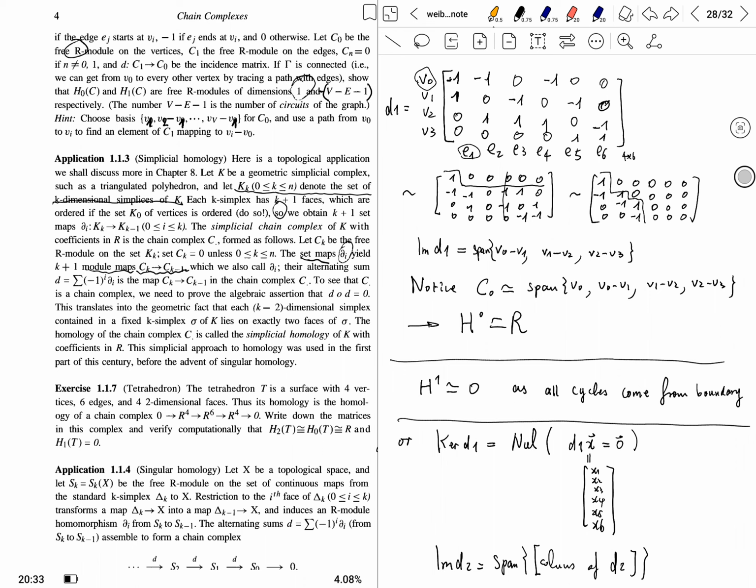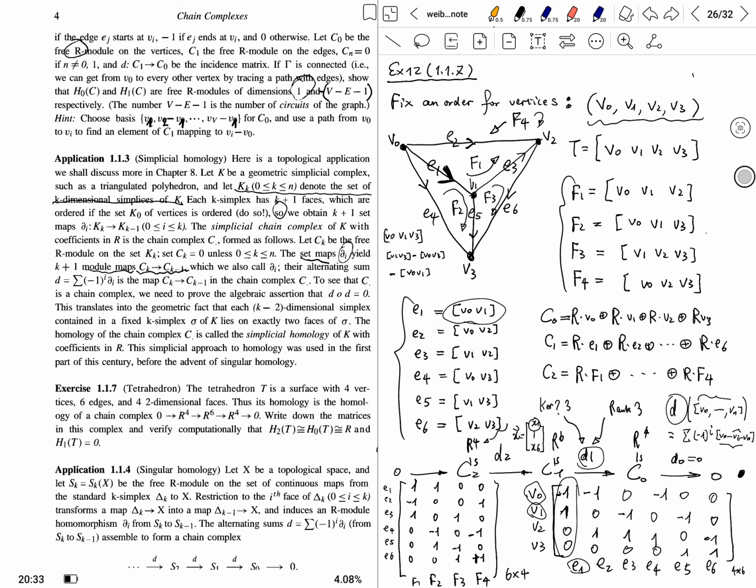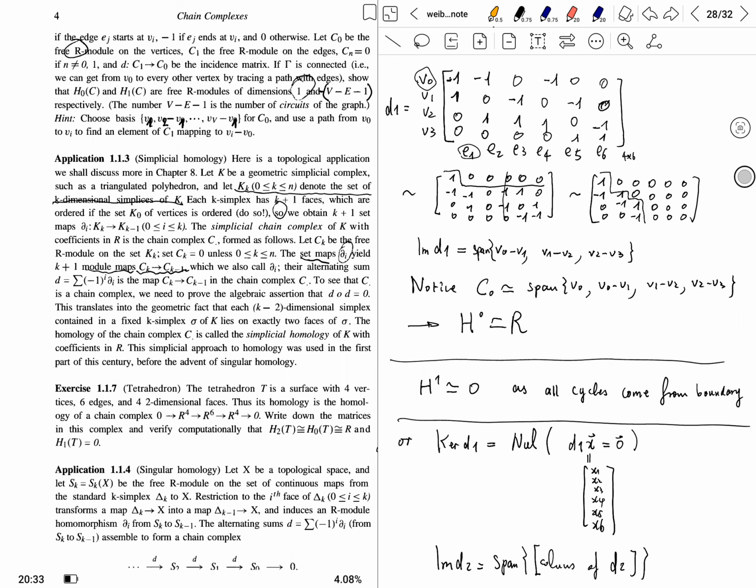For example, if you want to compute H0, H0 should be the kernel of D0, which is all of C0, quotient by the image of D1. So if the coefficient is a field, for example R equals Q or the real numbers, then you just quotient R4 by R to the dimension of the image of D1. The dimension of the image of D1 will be determined by the rank of this matrix, right? In that case, you just do elementary row operations and determine the rank of D1.